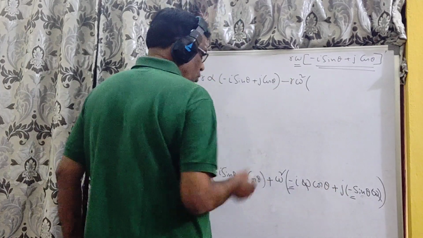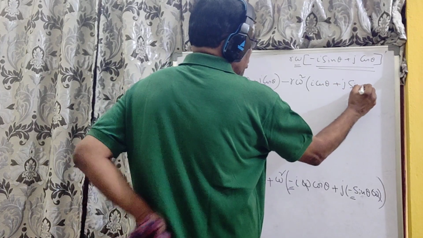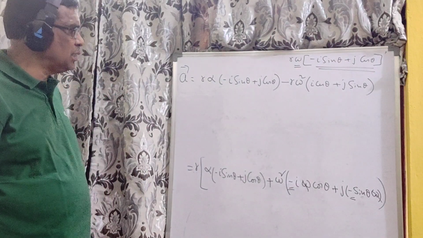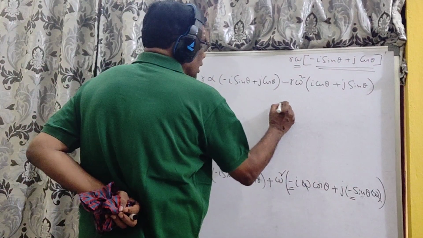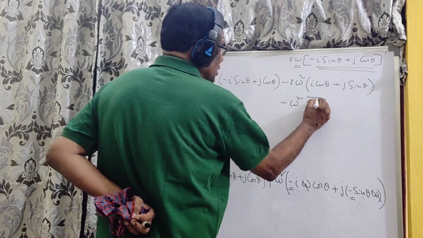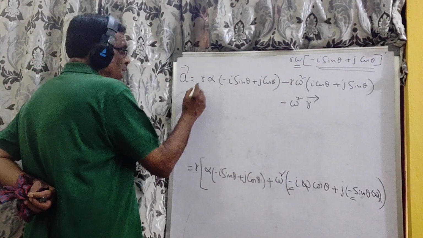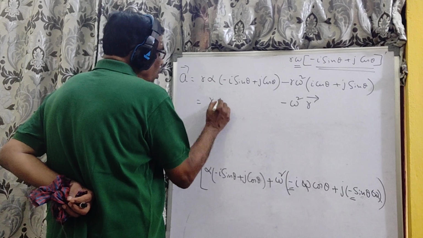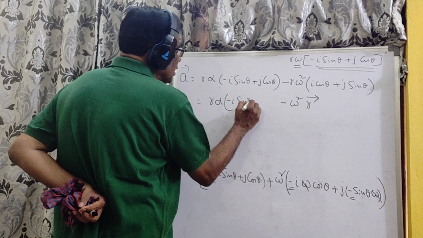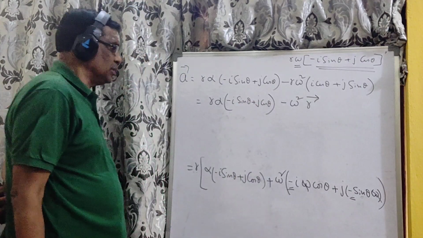Therefore, minus I cos theta plus j sin theta. It's wonderful, very interesting. I can write omega square R into I cos theta plus j sin theta, which is R bar. You already see that. And here R alpha, and this is minus I sin theta plus j cos theta.